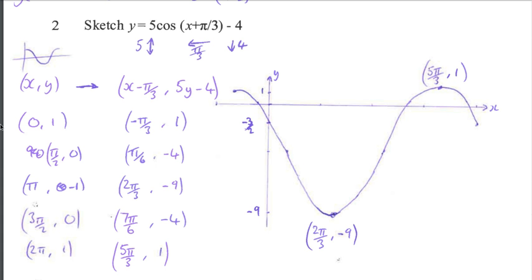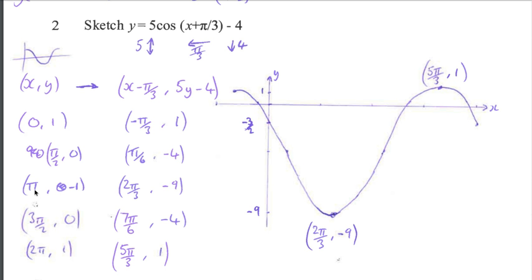Right, so now do the transformation to each of these key points. So 0 minus pi by 3. Then pi by 2 minus pi by 3, so that's 1/2 minus 1/3, which can be written as 3/6 minus 2/6, which will be 1/6. So 1/2 of pi minus 1/3 of pi will be 3 pi by 6 minus 2 pi by 6, which will be pi by 6.